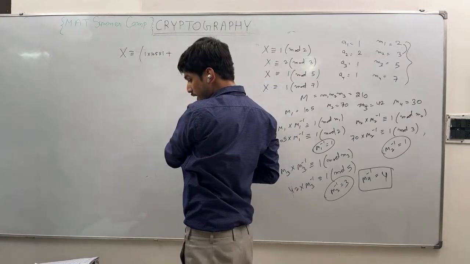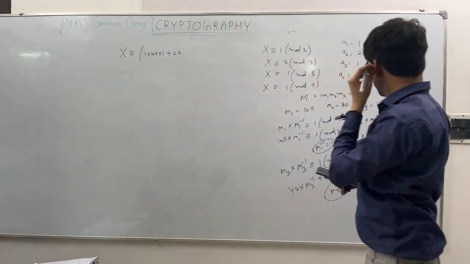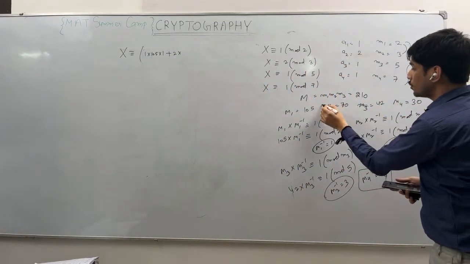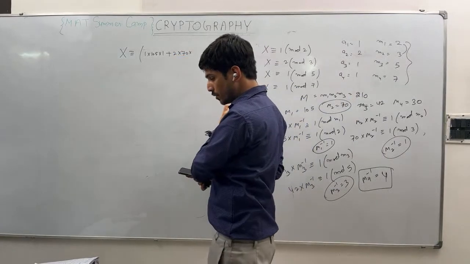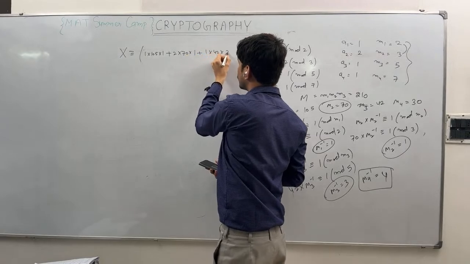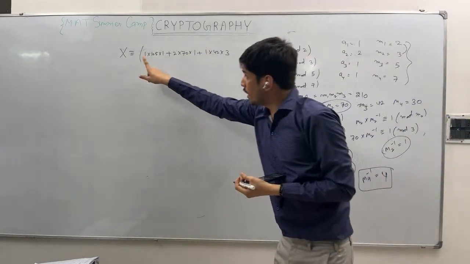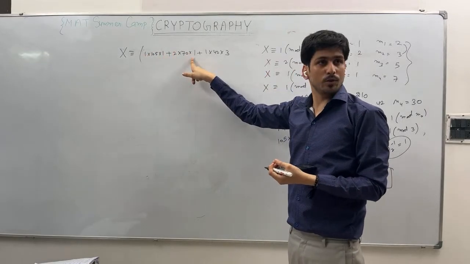Now A2: what is A2 here? 2. Capital M2 is 70, and capital M2 inverse is 1. Then this will be 1 into 42 into 3. All of you check: this is A1 capital M1 M1 inverse, then A2 capital M2 M2 inverse.